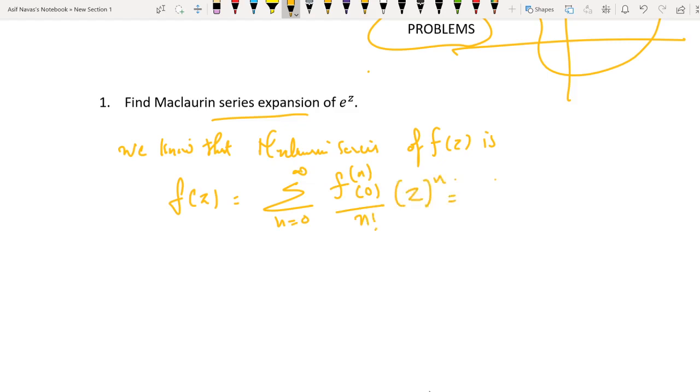So that is equal to f of 0 plus f dash of 0 by 1 factorial z plus f double dash of 0 by 2 factorial z square plus etc.